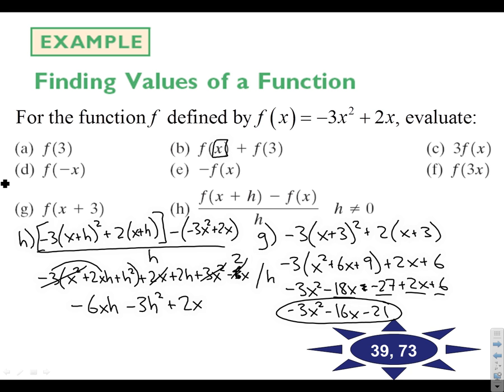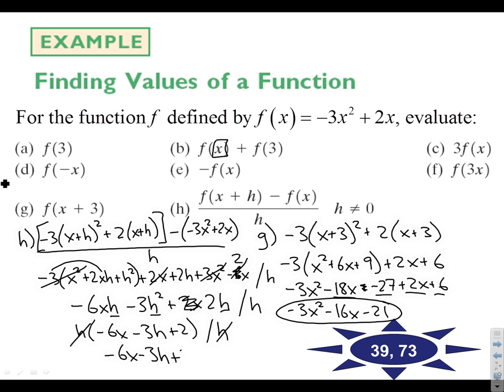The 2x and negative 2x should cancel out. And then plus 2h, and all over h. Notice how every single term here has an h in it. We're going to factor that out front: h times (negative 6x minus 3h plus 2), all over h. Your h's cancel, and we've got negative 6x minus 3h plus 2.